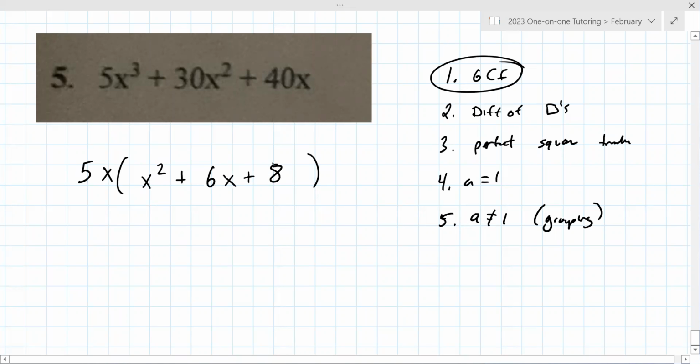I mentioned this earlier. It could be more than one. So this one is another one of these on the list.